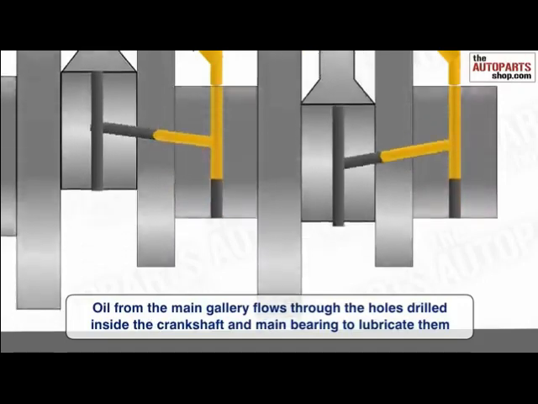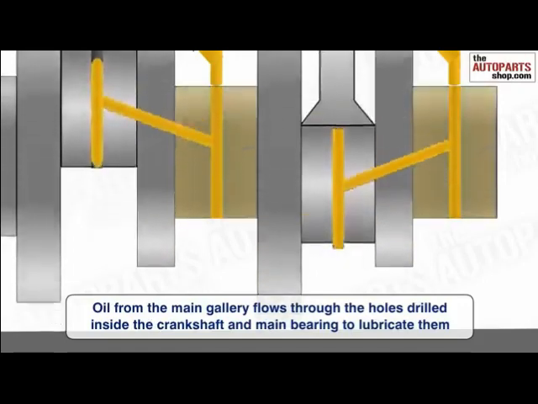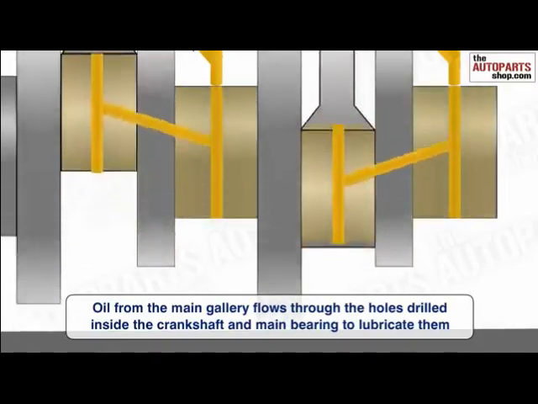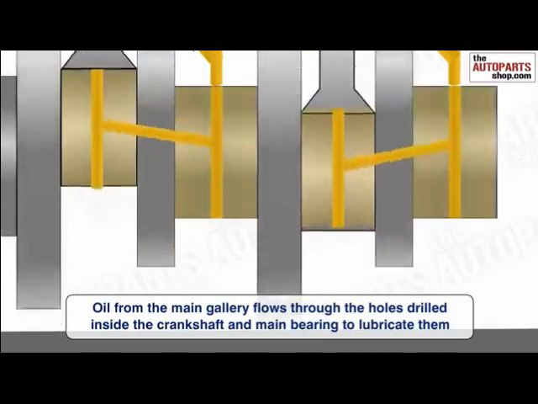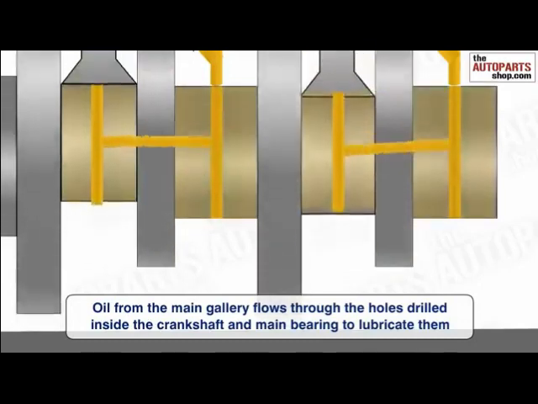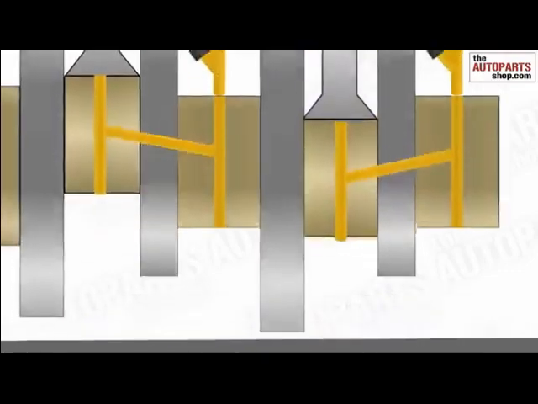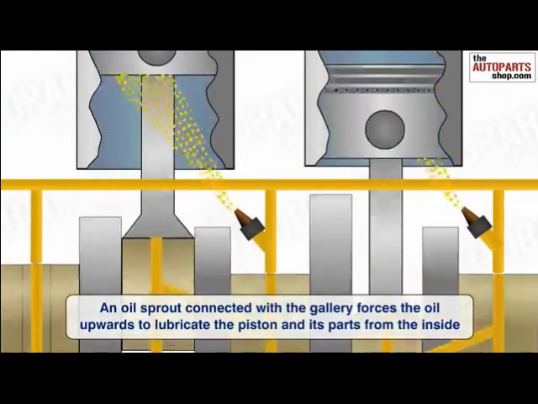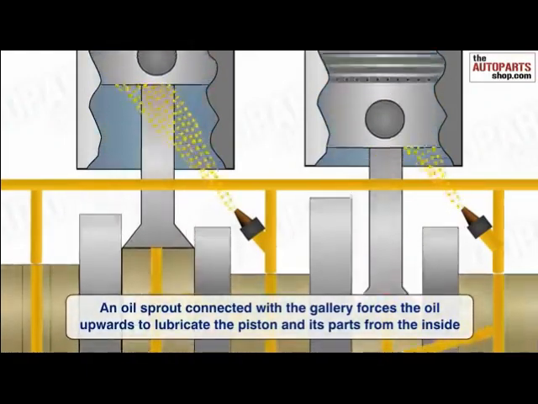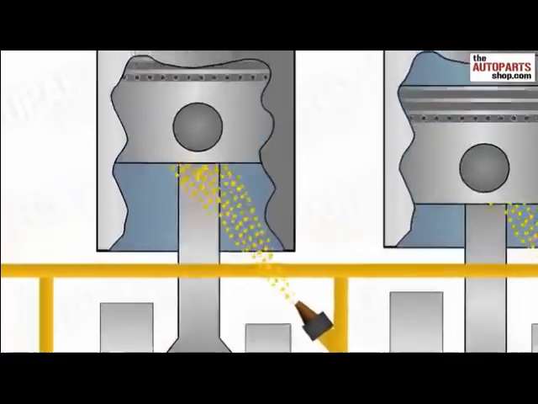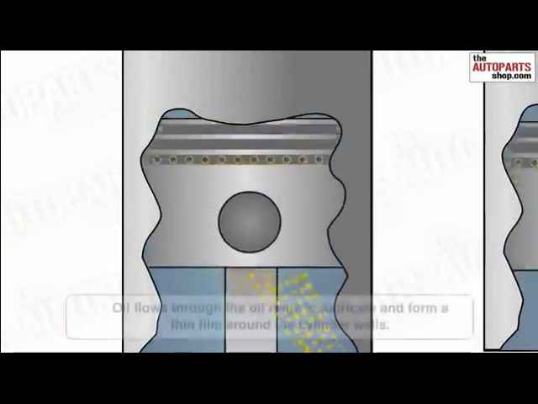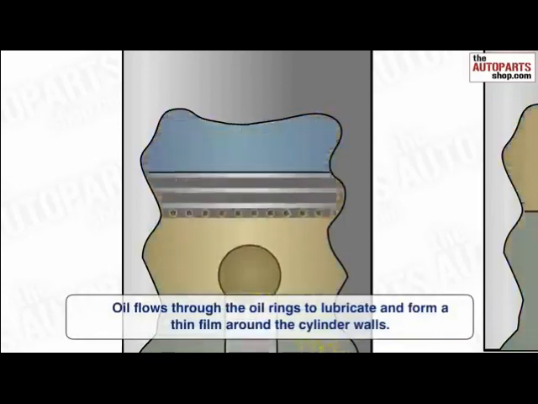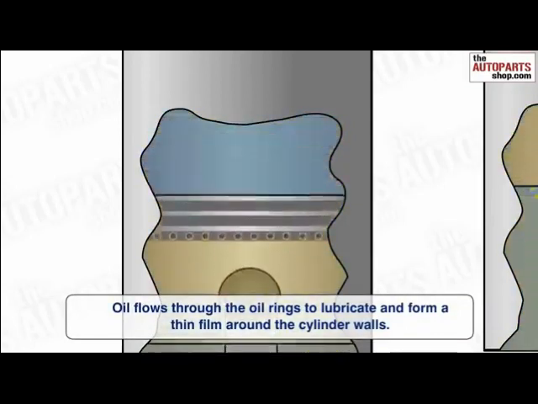Oil from the main gallery flows through the holes drilled inside the crankshaft and the main bearings to lubricate them. An oil spout connected with the gallery forces oil upward to lubricate the piston and its parts from the inside. Oil flows through the oil rings to lubricate and form a thin film around the cylinder valves.